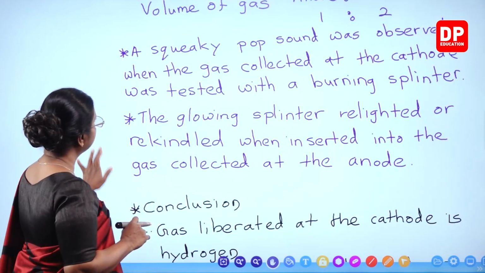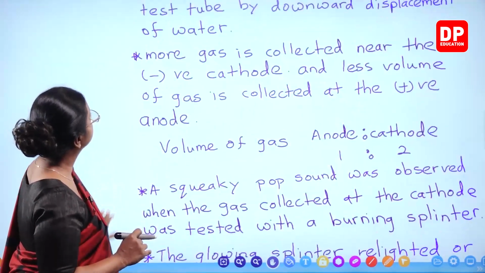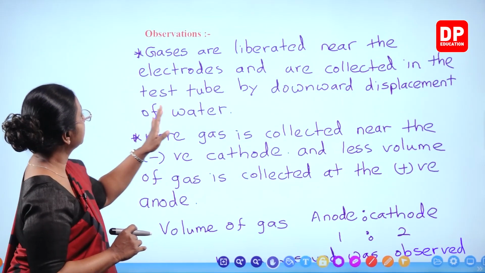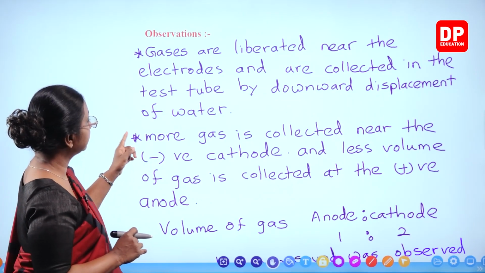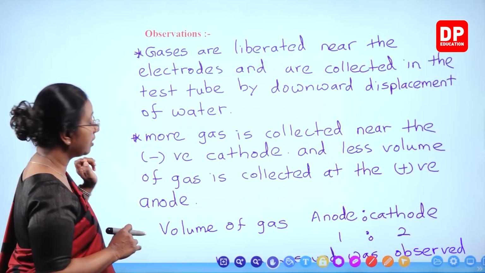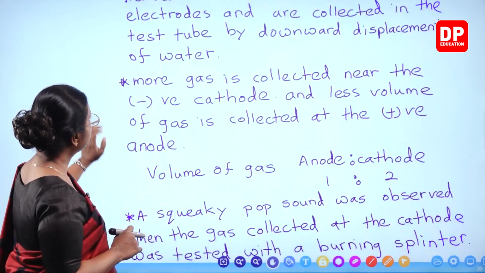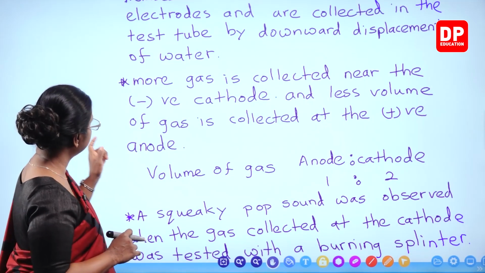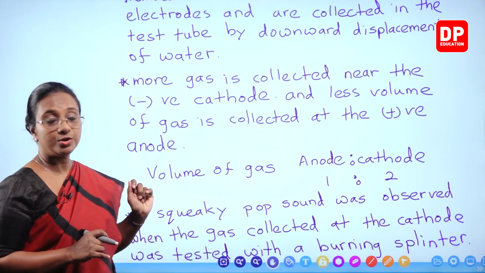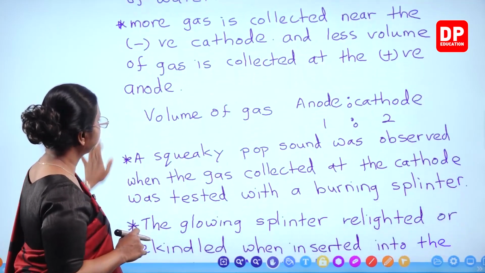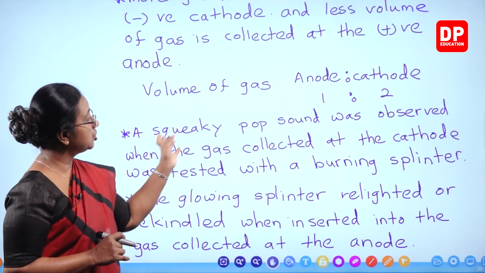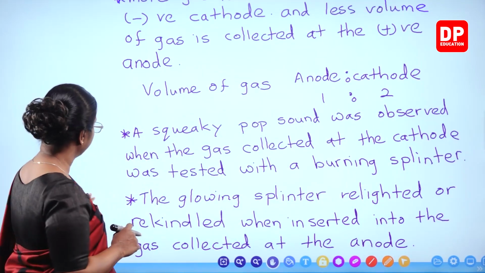We will quickly look at it once again. Observation: gases are liberated near the electrodes and are collected in the test tube by downward displacement of water. More gas is collected near the negative cathode and less volume of gas at the positive anode. The ratio was almost 1:2.